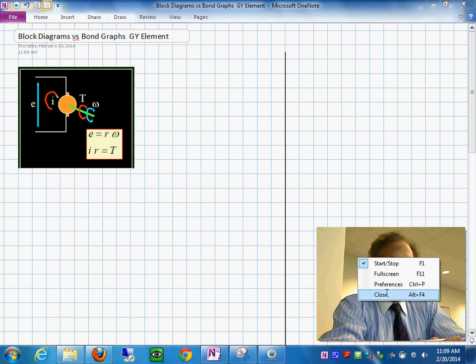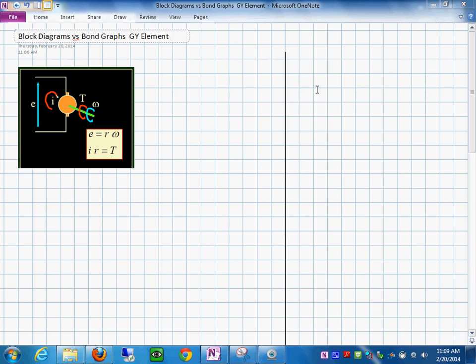So here we have this electric motor that you see in here. This electric motor has a voltage and a current on one side, and what comes out is a torque and an angular velocity.